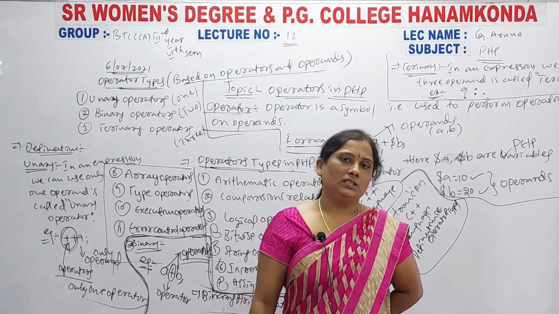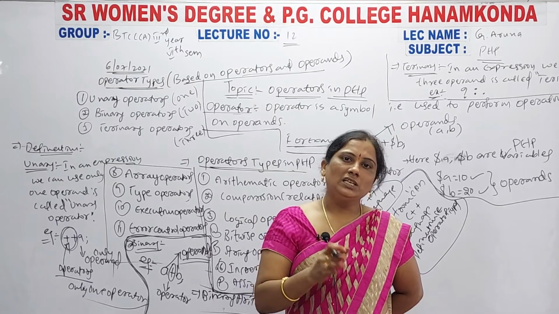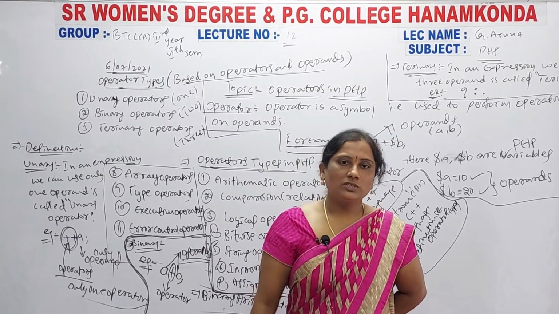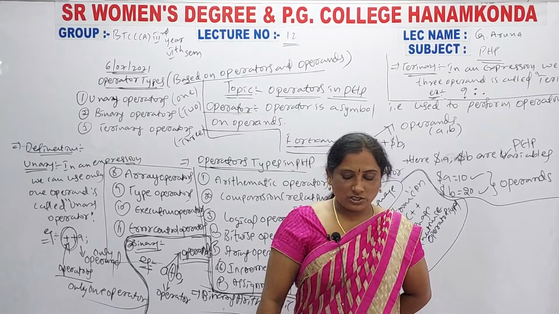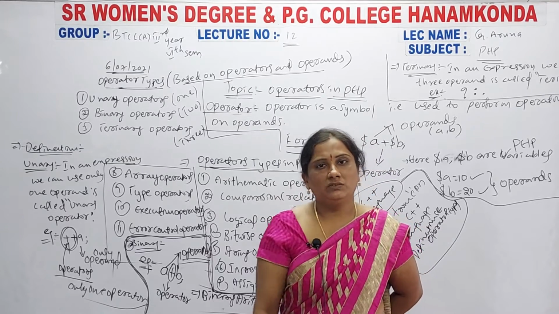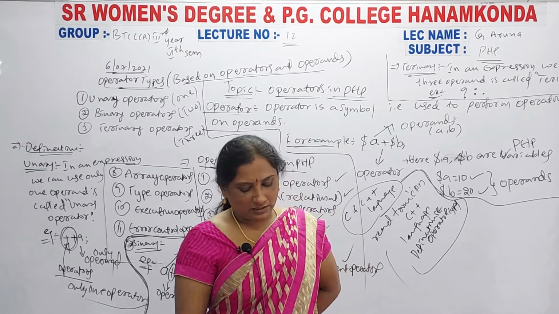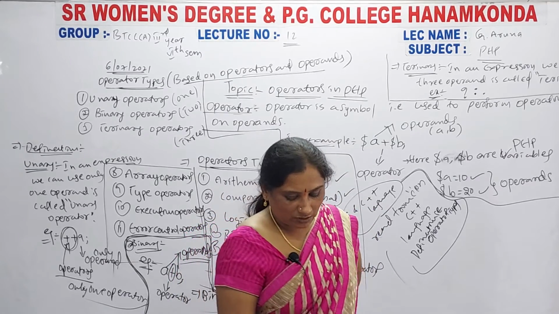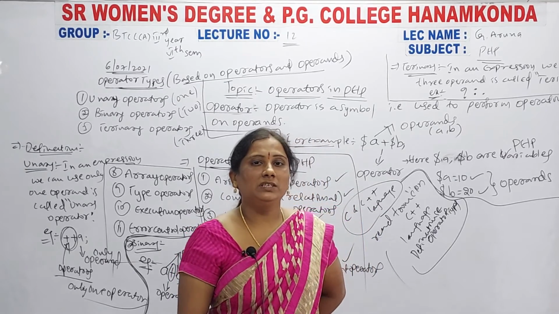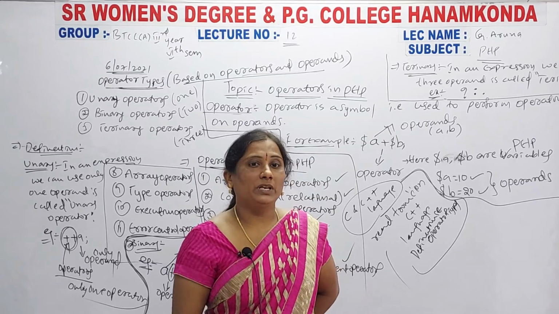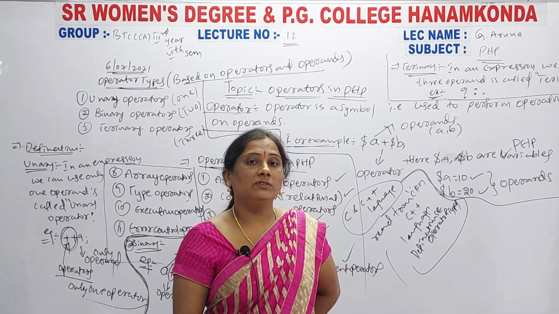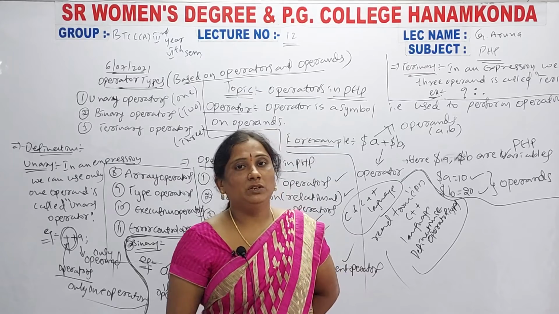3 columns are there. How many columns? 3 columns. First operators, then additional information, then associativity. Operators like the plus operator. What is that? Arithmetic operator. Minus. What is that operator? Arithmetic operator.